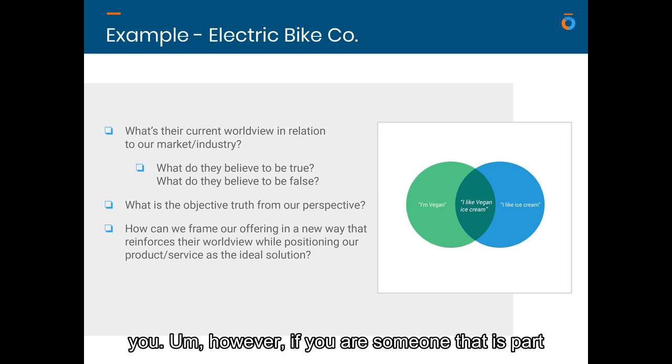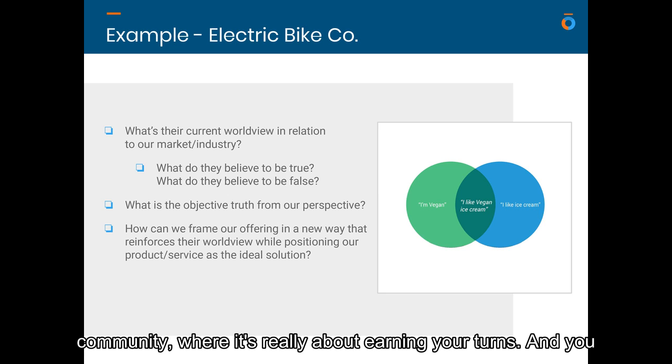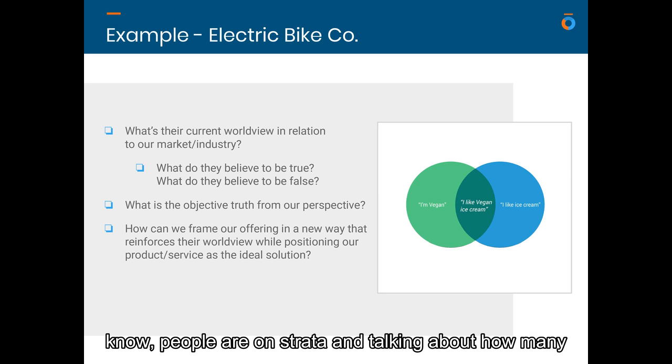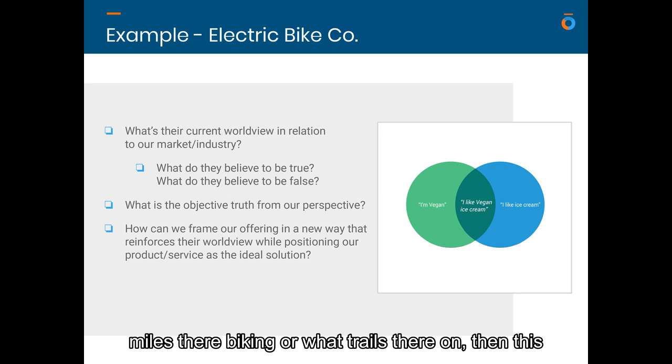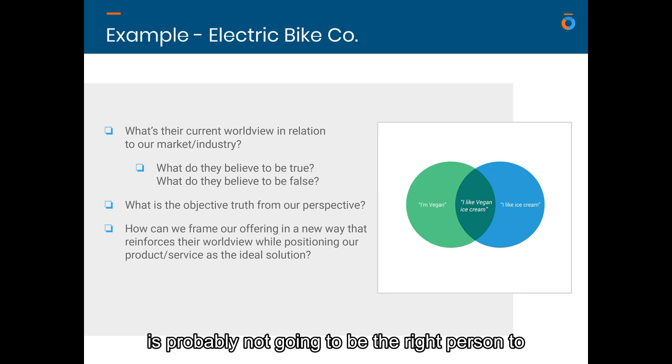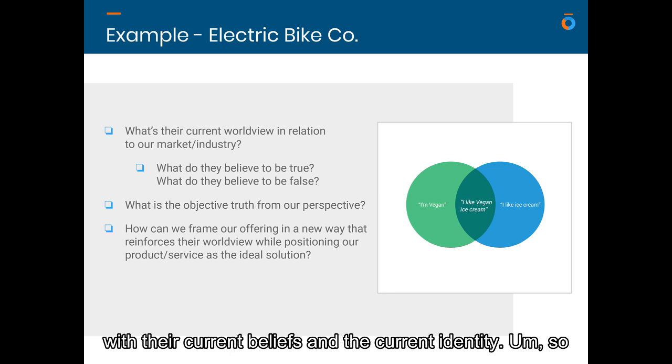However, if you are part of a really tight-knit bike club community where it's really about earning your turns, and people are on Strava and they're talking about how many miles they're biking or what trails they're on, then this is probably not going to be the right person to resonate with, because that will be in conflict with their current beliefs and their current identity.